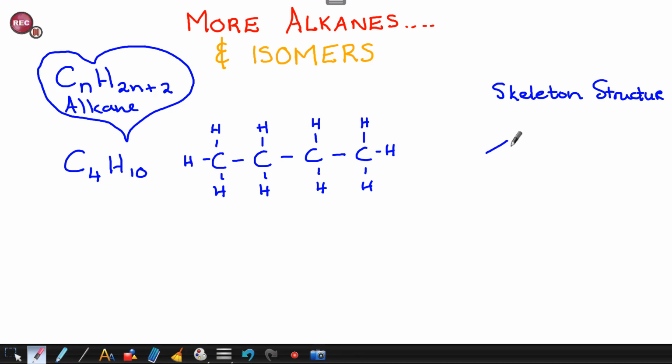There will be a carbon with its 2 hydrogens. Then the line makes a zigzag. There is the next carbon with its 2 hydrogens, and the next carbon with its 2 hydrogens. So this is 1, 2, 3, 4 carbons. So technically, we should be drawing it like this to get the real picture of what it looks like.